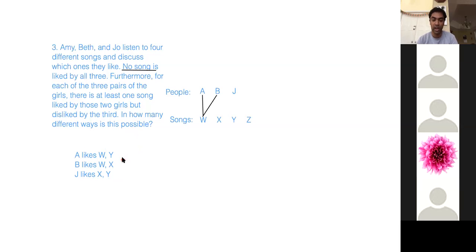So we found one way. So now in this way, W, X, and Y are all liked by 2 of the 3 people. What about song Z?